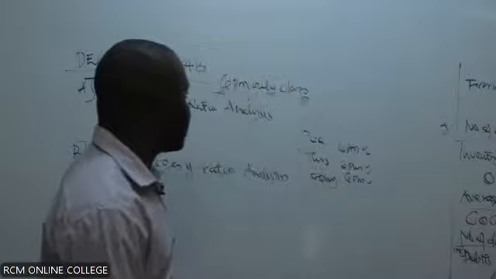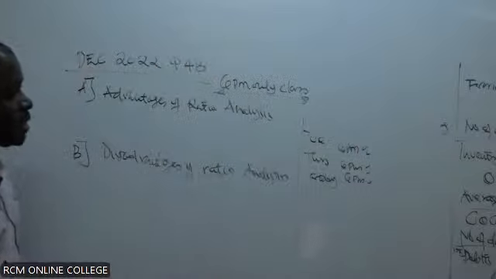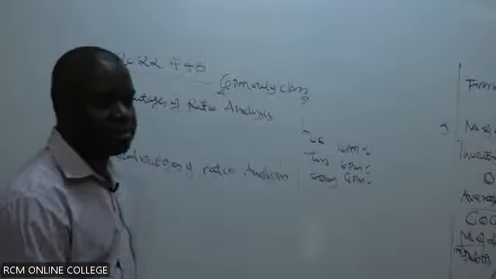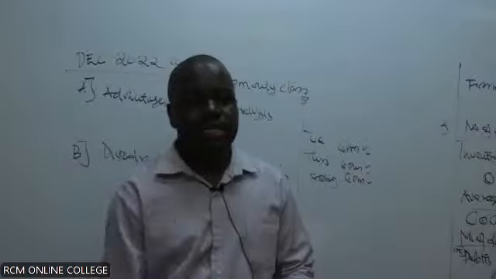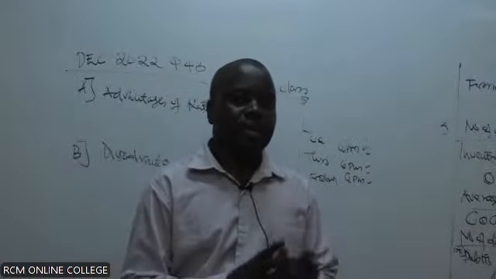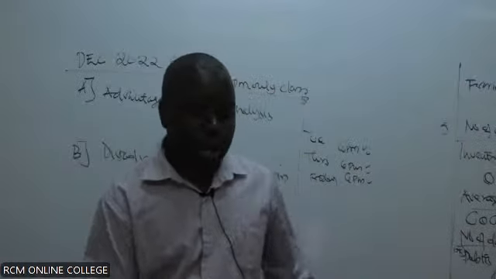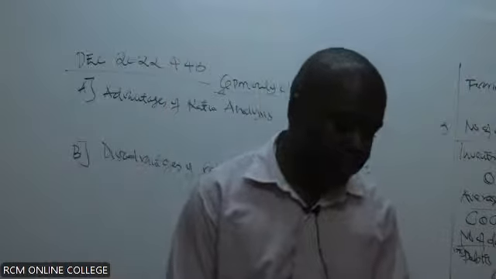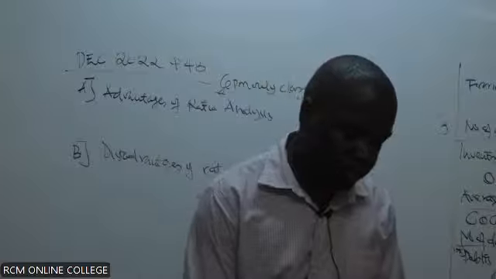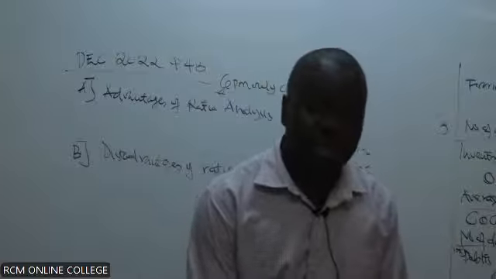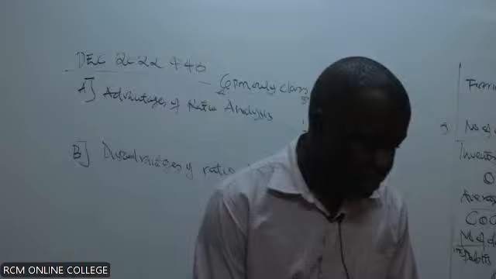So there are 3 sessions for FR. FR is a very special unit in the entire CPA at RCM. It has 3 sessions: early morning, 6 p.m. only, and evening, that is 8 p.m., and Saturday. No other unit in CPA has such sessions. You can choose whichever you want. It has different lecturers.